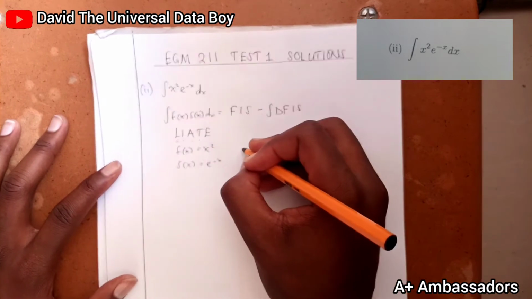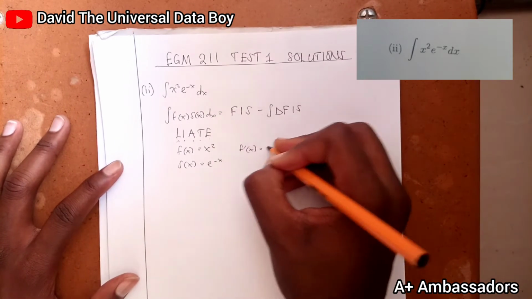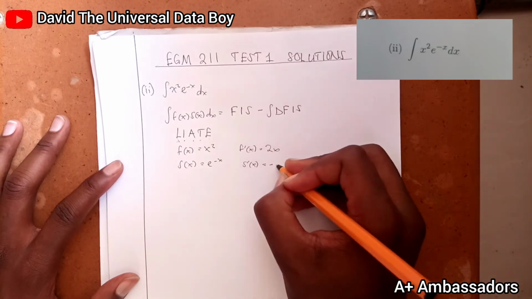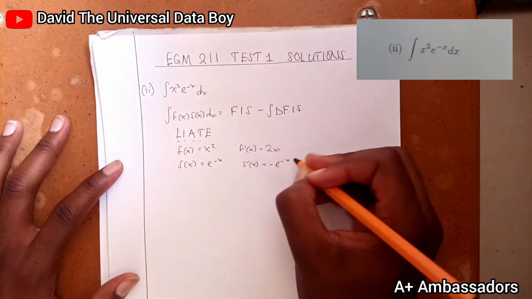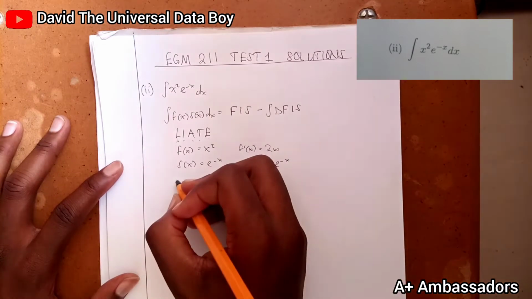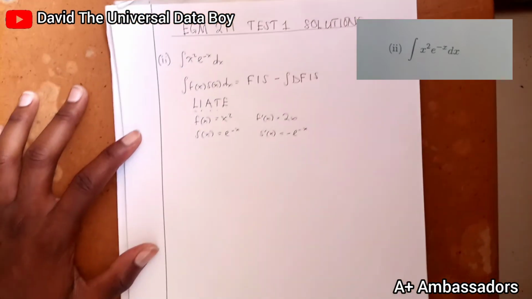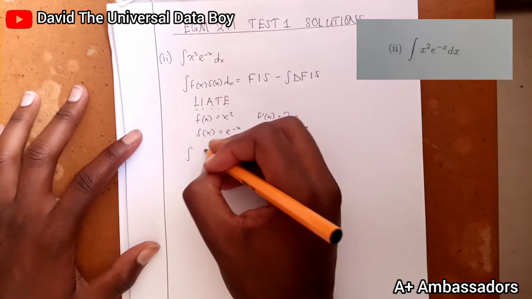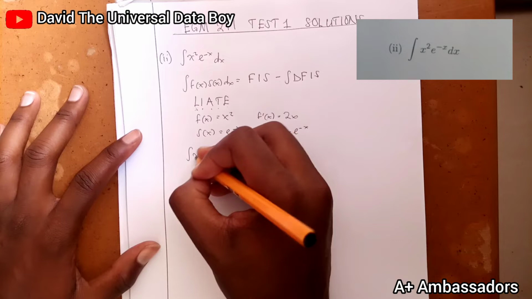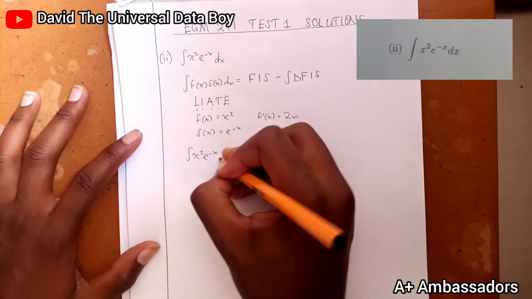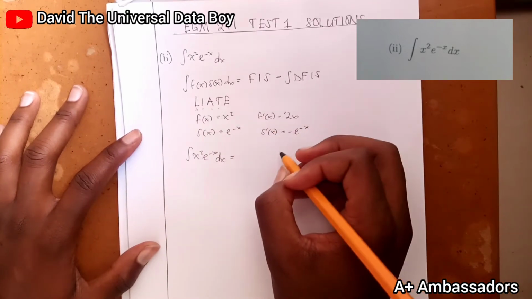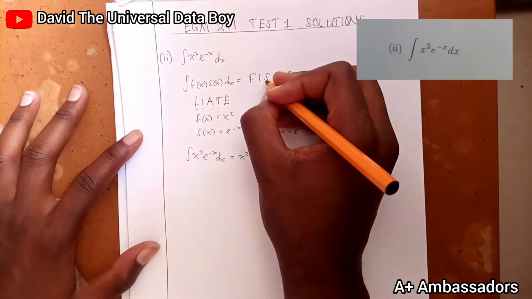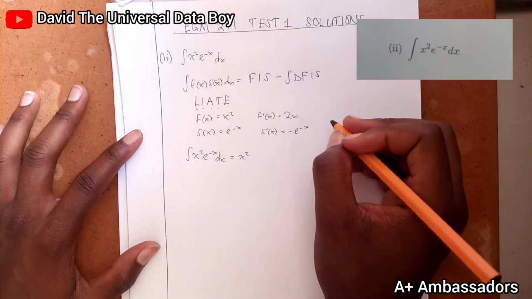So now the derivative of this one, f prime of x, is equal to 2x, then s prime of x is equal to negative e to the power negative x. So then we are going to go on and find the integral. So now I'm saying the integral of x squared e to the power negative x dx is equal to the first function, that's x to the power 2, times the integral of the second function.